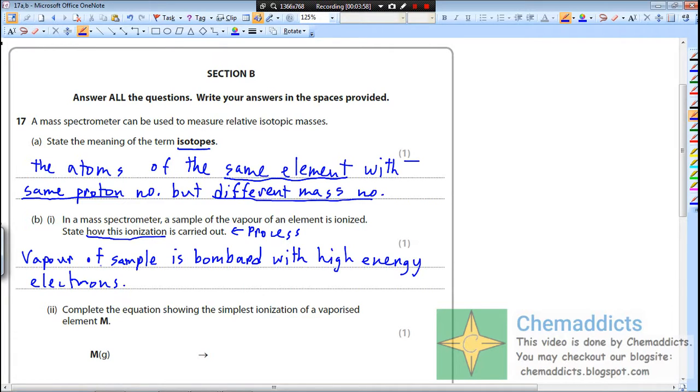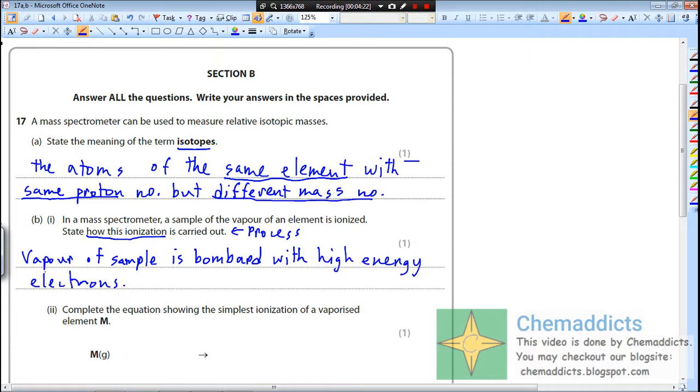We don't need to mention that piece of information, since they are asking us to discuss the process of how it is ionized.